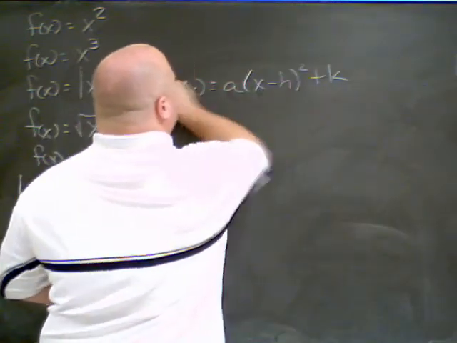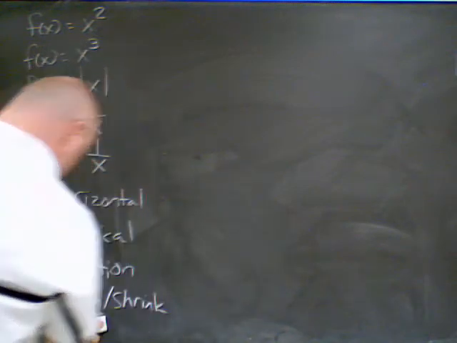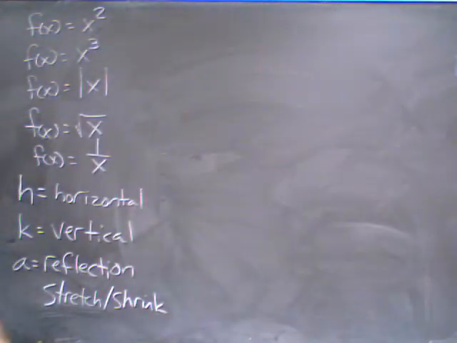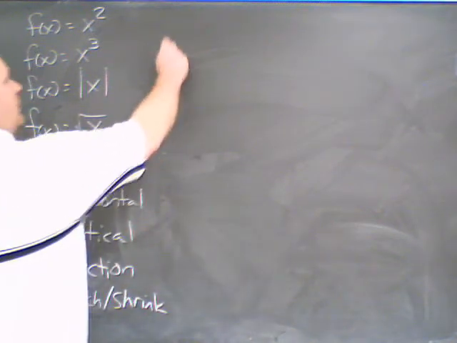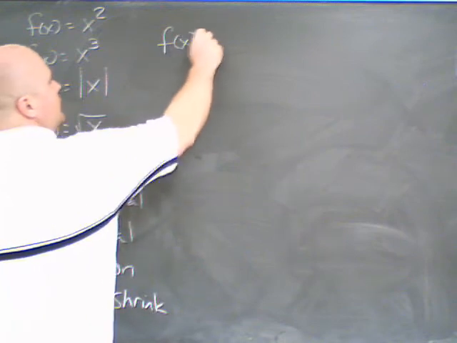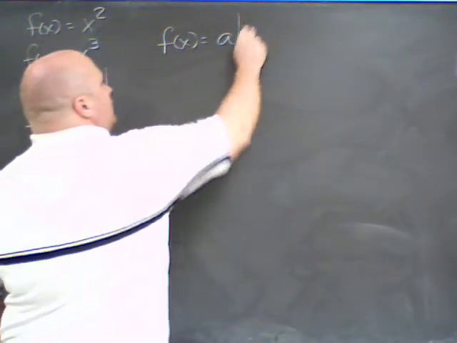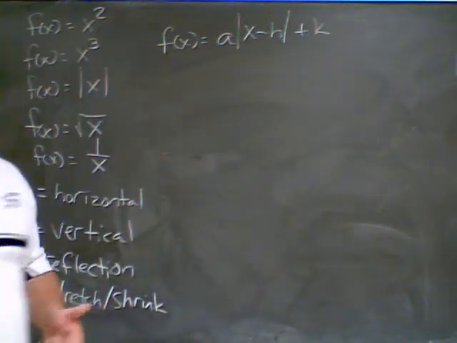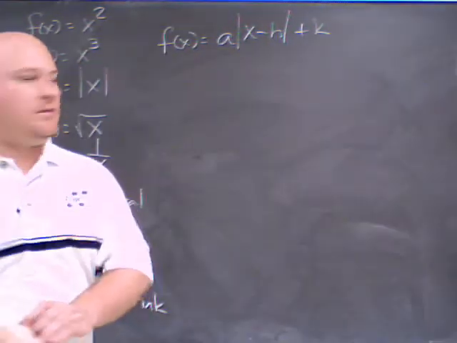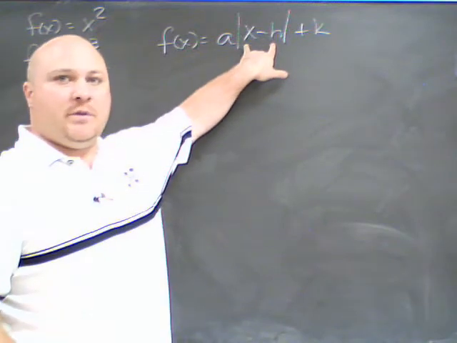Let's look at a new function. Let's say I'm going to take the absolute value function now. My generic function is going to look very similar. H is here still paired with x.